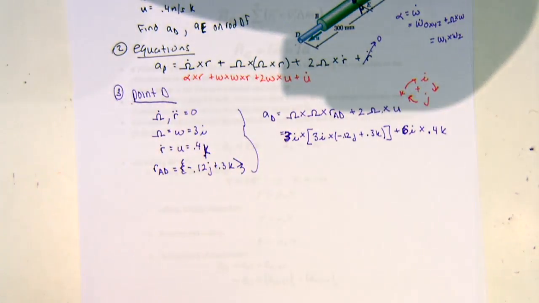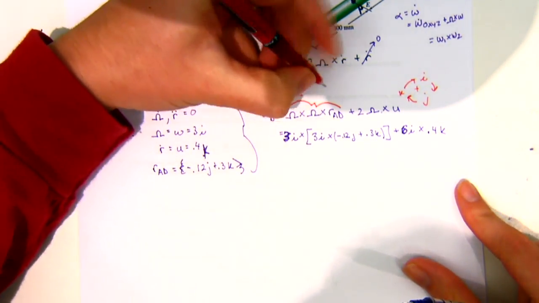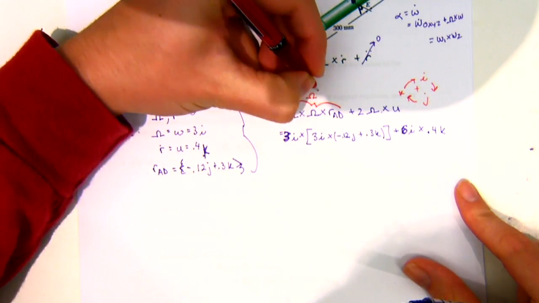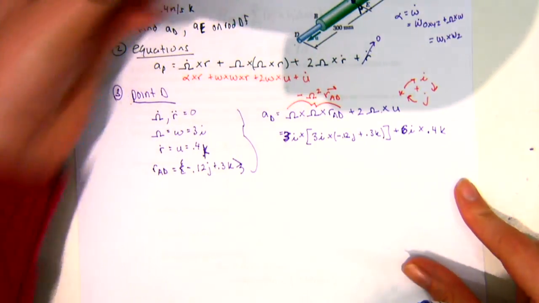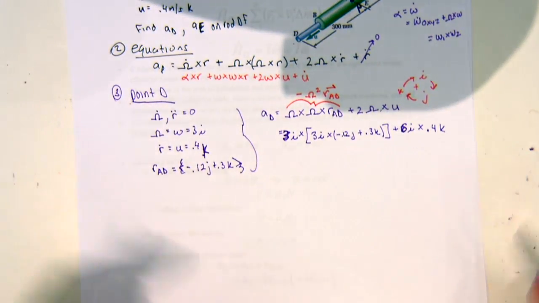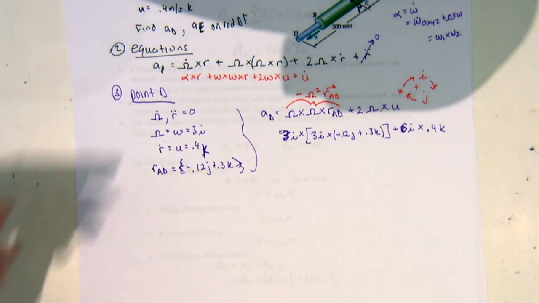So actually another way that we could write this, do you guys remember that this part here is the same as saying negative omega squared times R_AD as the vector? So that way we don't have to do any cross product. So let's do that instead. So it works out the same way.